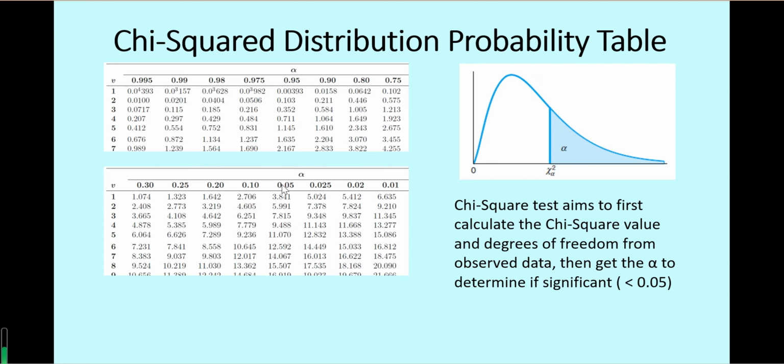If alpha or p-value is less than the critical 0.05, the test is significant. So chi-square test aims to first calculate the chi-square value and degrees of freedom from observed data, then get the alpha to determine if it is significant, if it is less than 0.05.